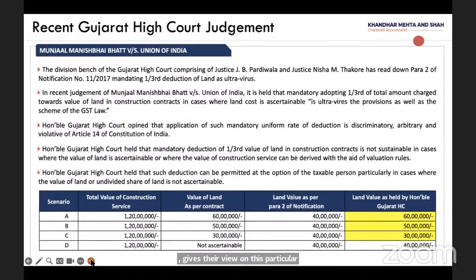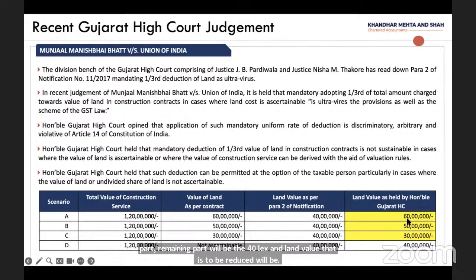But if we consider the value as per the Gujarat High Court, then let's take a scenario. In scenario A, the total value of the unit is 1 crore 20 lakhs. If I can provide the value of land as per the contract, which can easily be done in a bungalow or villa construction, say 60 lakhs is towards land, then the remaining part will be 60 lakhs.